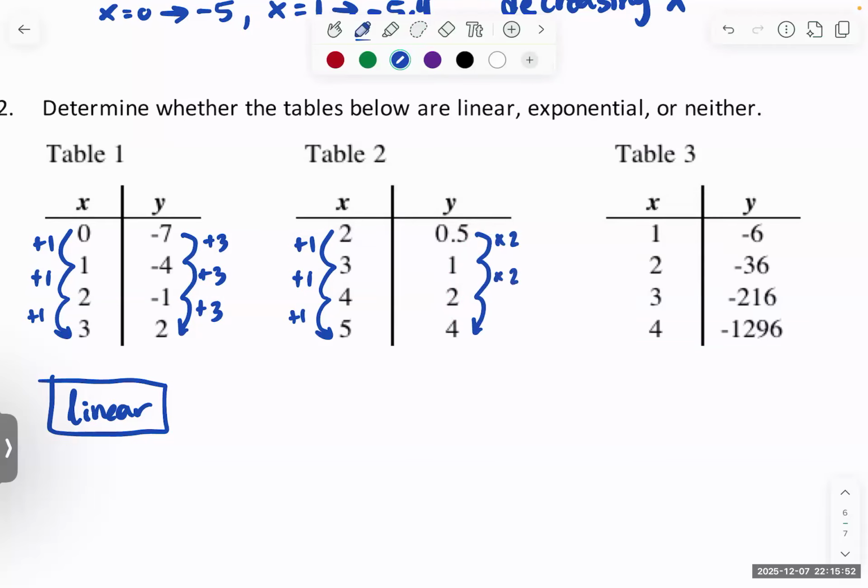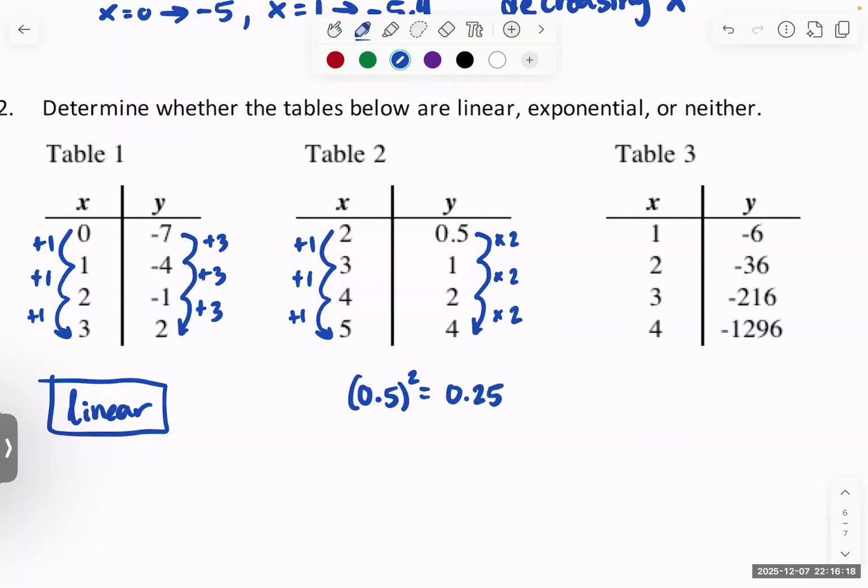Okay. Now, from here, times 2 each time, you'd think, oh, it's times 2 each time, exponential. But no, that's if it were 2 squared, 2 cubed, 2 whatever. But 0.5 times 0.5 squared is equal to 0.25.